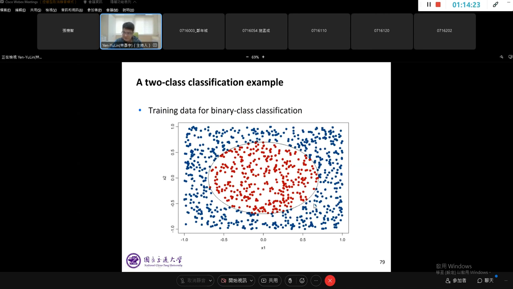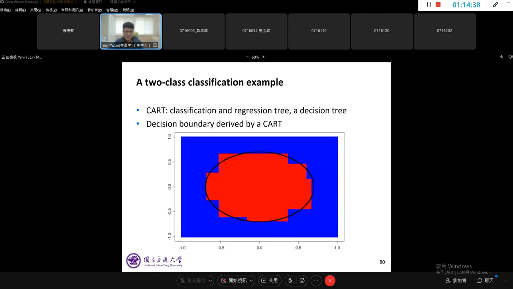So this is a nonlinear decision boundary. If we use a univariate decision tree, it is difficult to get a satisfactory result. Here is the result if we use a single decision tree.